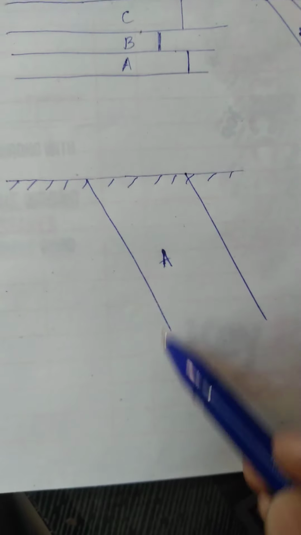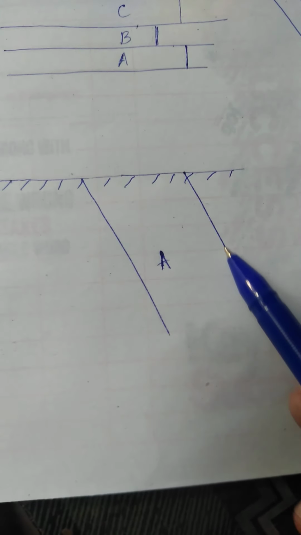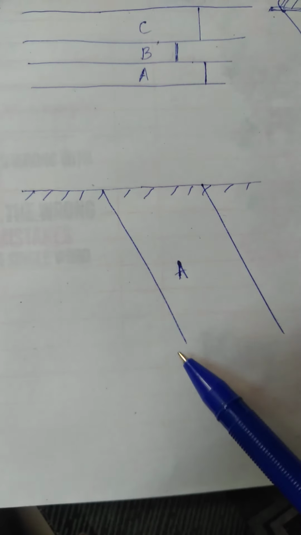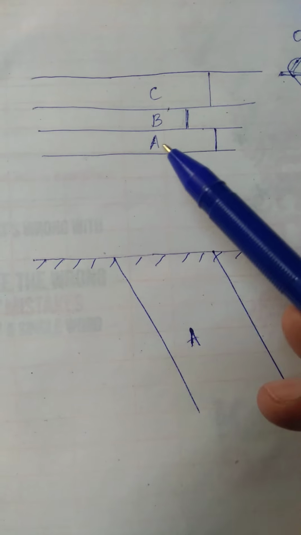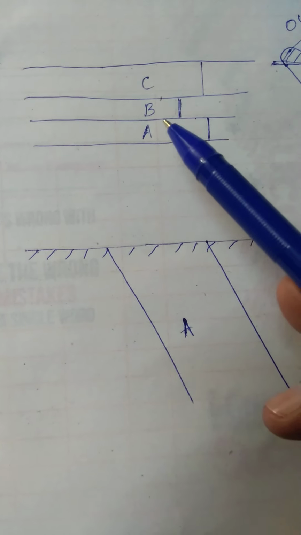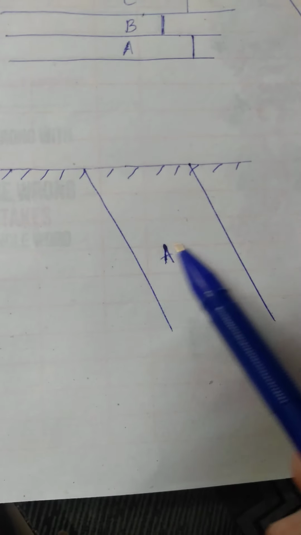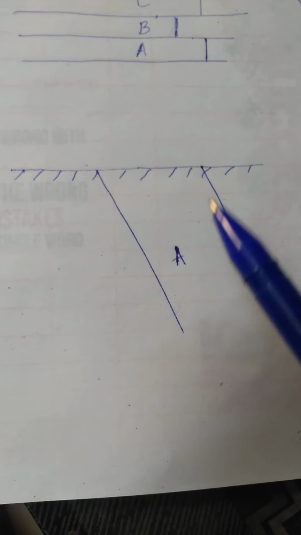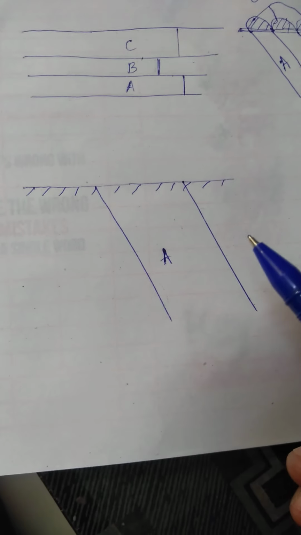Think that this is the upper bedding plane and this is the lower bedding plane. As I said, each strata has two planes, a lower bedding plane and an upper bedding plane. Here this is a strata, this is the lower bedding plane and this is the upper bedding plane.